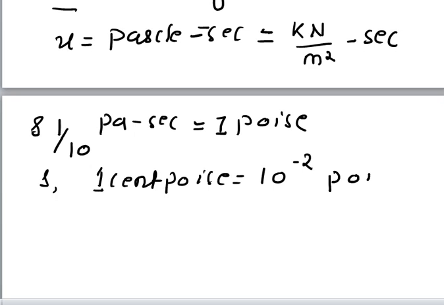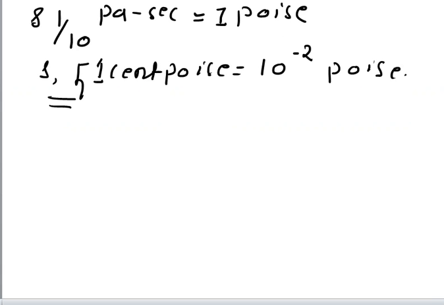Yes or not? So this is the unit of viscosity. This is all about dynamic viscosity.